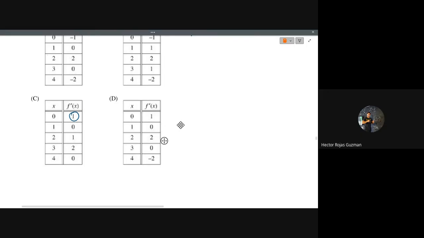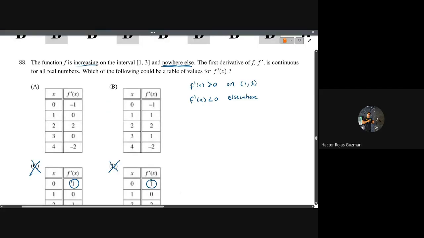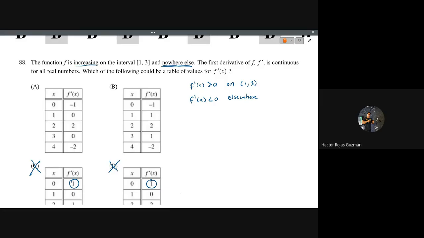We have a positive derivative at x equals 0, which means the function is increasing. But it can't. f of x is increasing only from 1 to 3. So now we have A and B. Okay. The answer here is A, and let me tell you why.